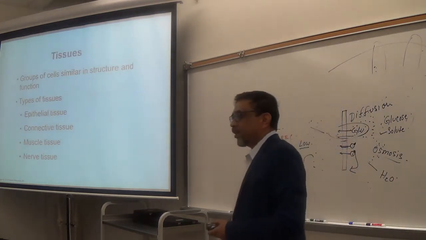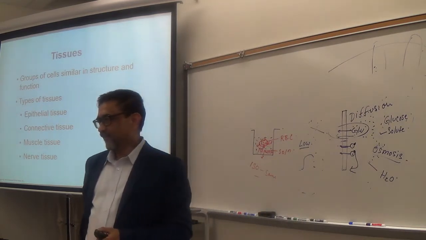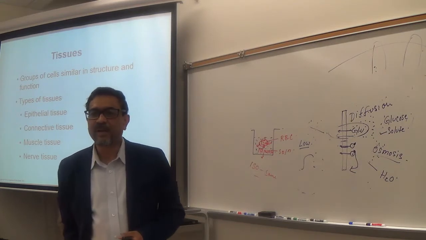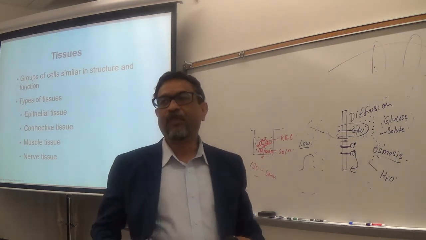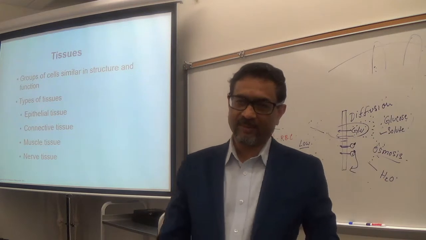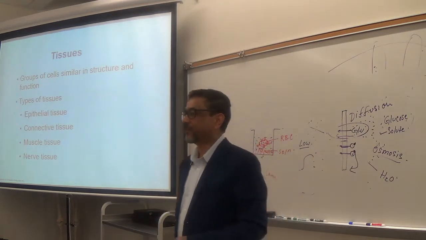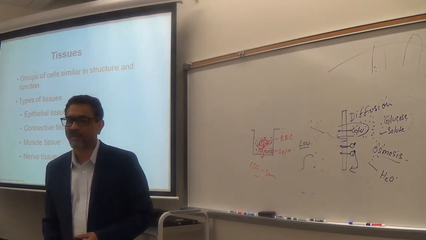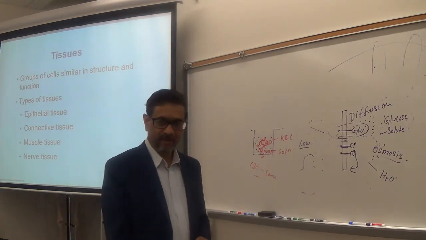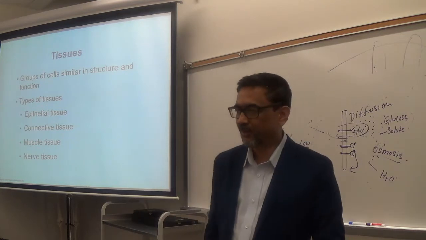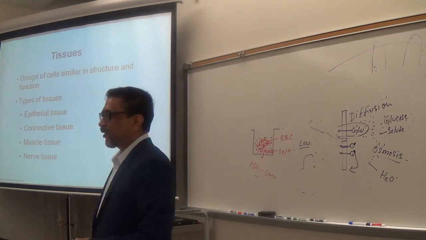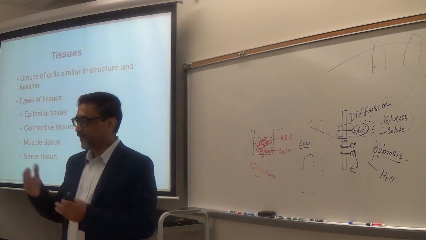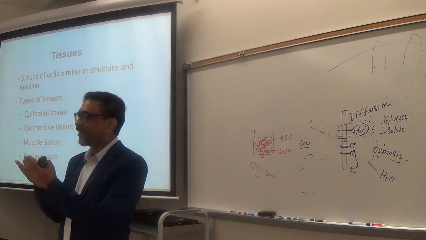Now, what is the tissue? Tissue is the collection of many similar cells, same kind of cells, grouped together or united to form a tissue. For example, in cardiac muscle, heart muscle, all cells are cardiac muscle cells.